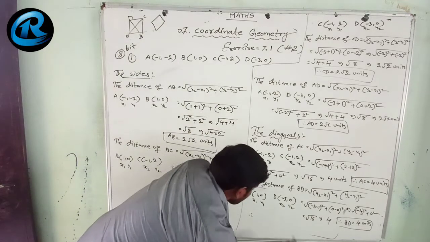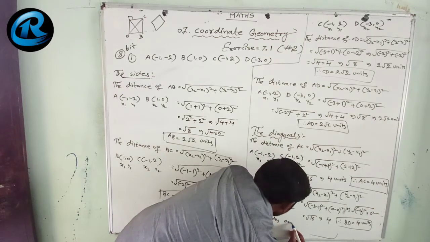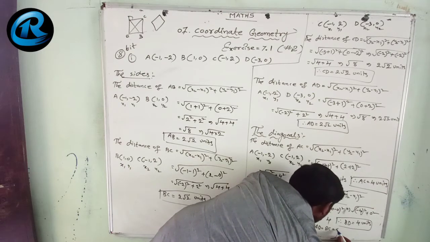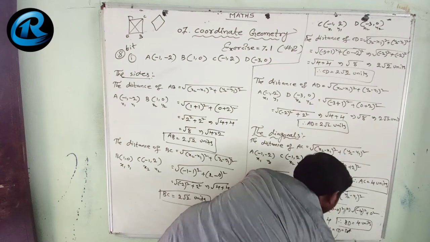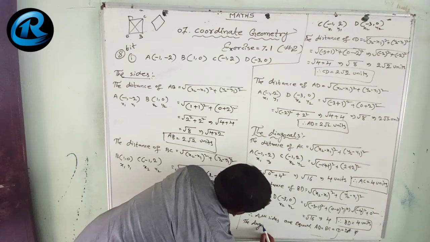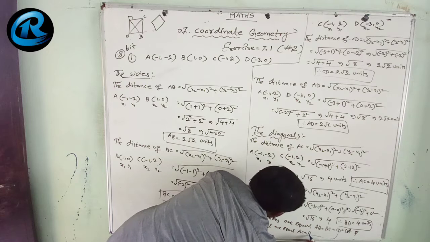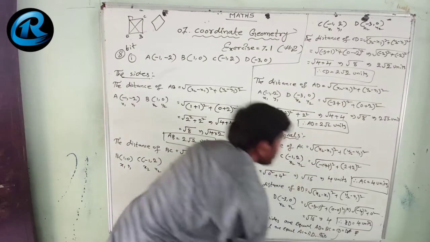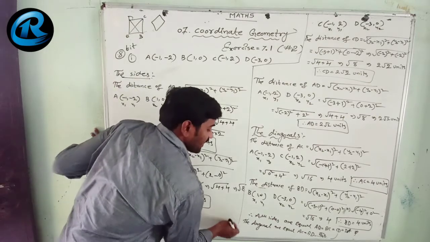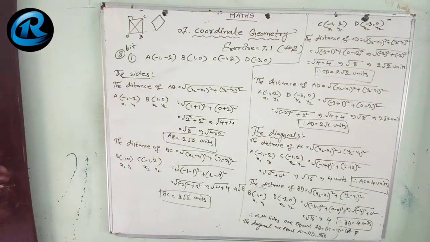Therefore we can write: all sides are equal, that is AB equal to BC equal to CD equal to DA, and the diagonals are also equal, that is AC equal to BD. So it is a square. Therefore you write: so the given vertices can form a square.